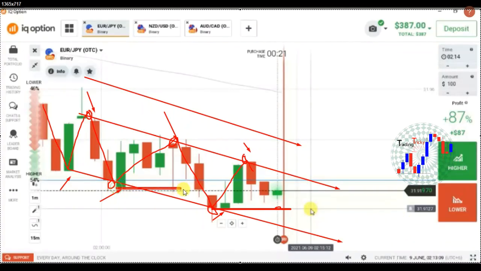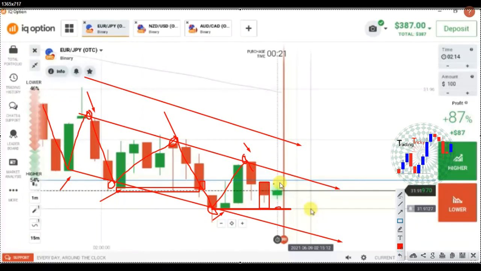If the previous level works as a buyer's candle, then sometimes we can go with buyers from here, but it depends on how that last candle is forming. Otherwise, better to go with sellers always.